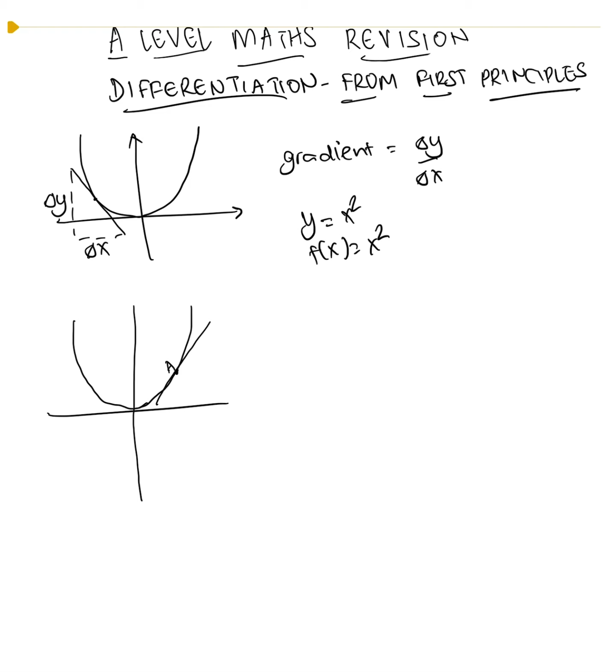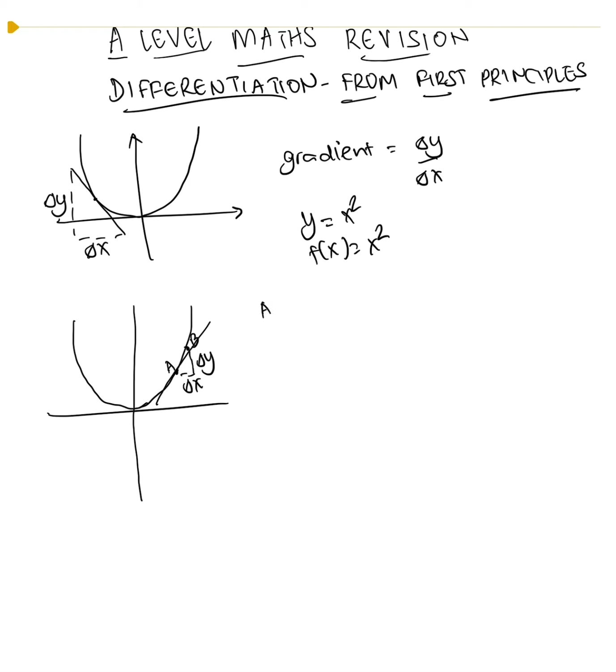You can find the gradient of this line, as we said, by taking change in y over change in x. To be able to do a change, you need two points. So let us call a point B elsewhere, let's say point B is here. So change in y over change in x is the gradient.